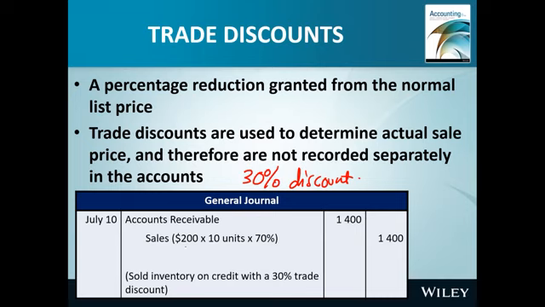The price of the item is 200. You buy 10 units and they give you 30% discount. It means that you only pay the 70% balance. So instead of 2,000, you only pay 1,400. So this is what is called a trade discount.